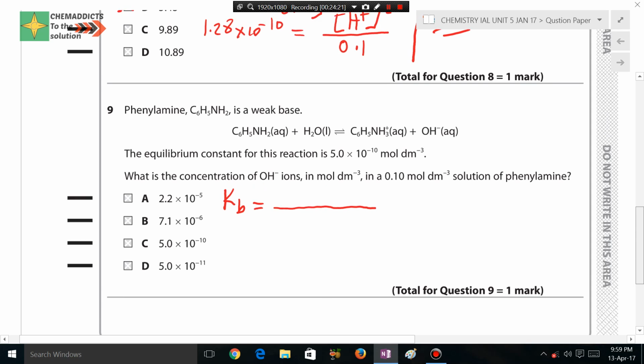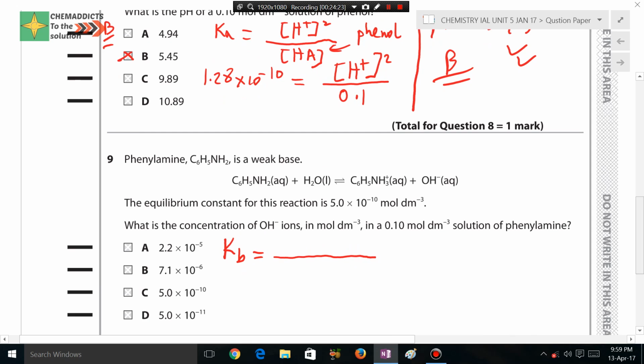Before, we wrote H plus; since we are now finding the base constant, we write OH minus concentration whole square.